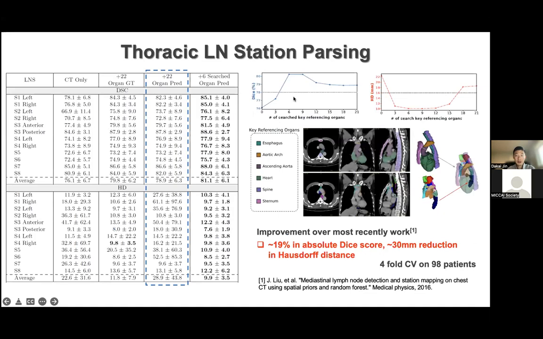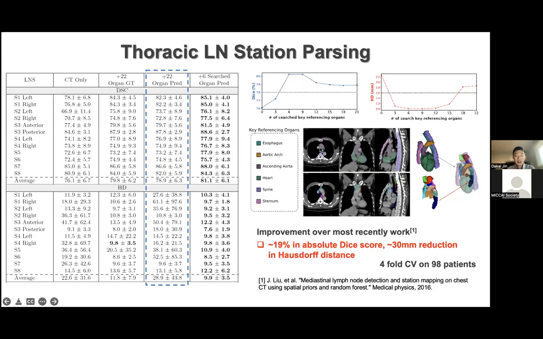When we take a look at the DICE score and Hausdorff results in the top right figures, we see that when the searched key organs reach 6, the performance comes to a plateau or stable region. When more organs are added, when it's larger than 12 or 15, the performance begins to decrease.